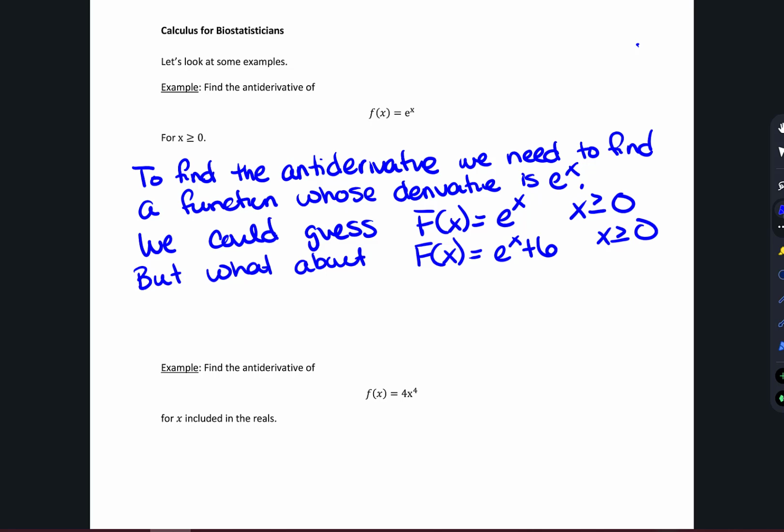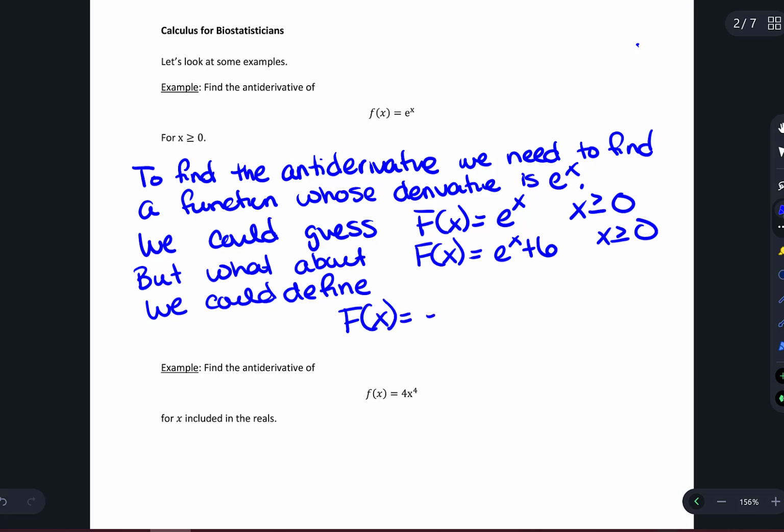And so what we end up doing when we define antiderivatives is we use the following. Here I've got e to the x plus c, where c is a constant.